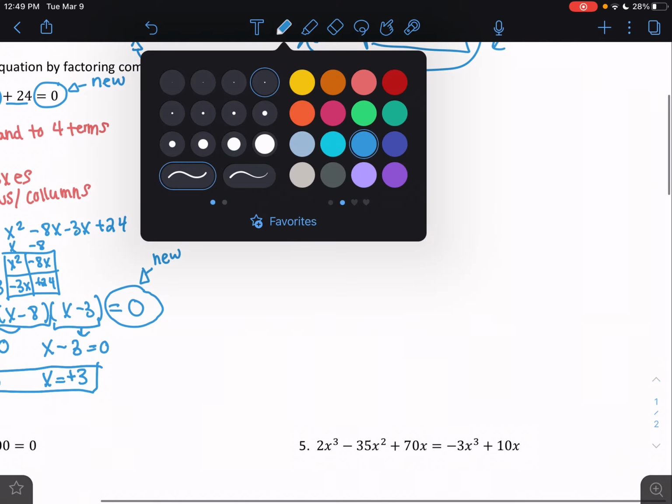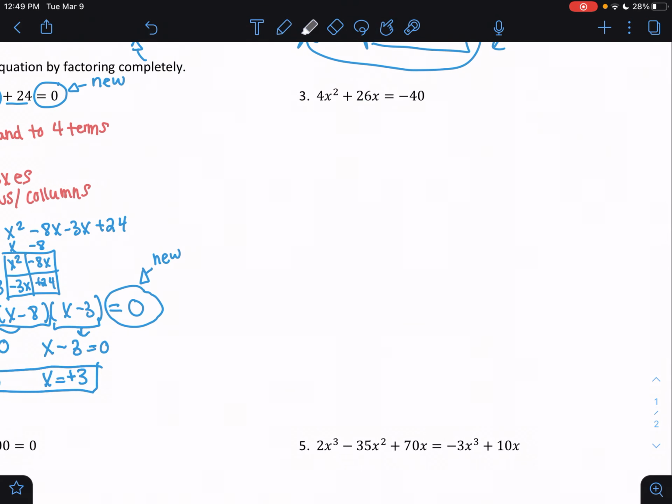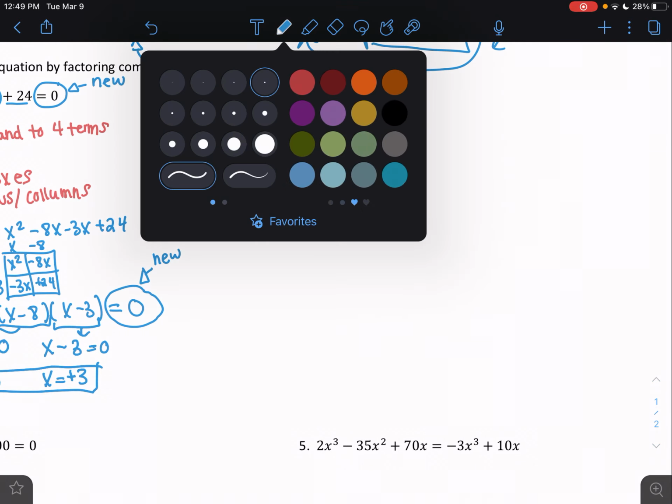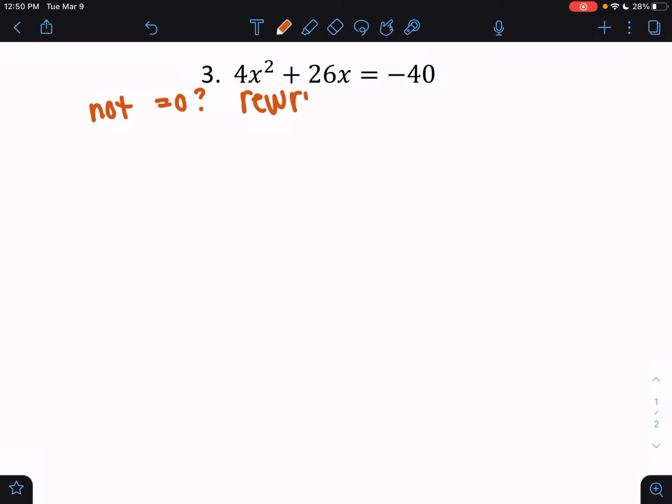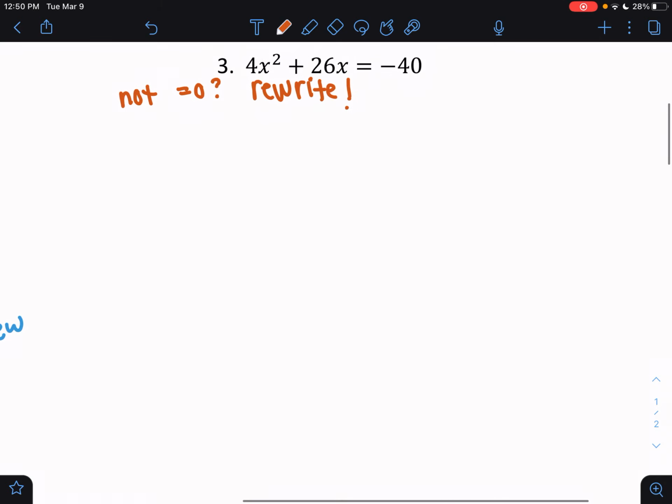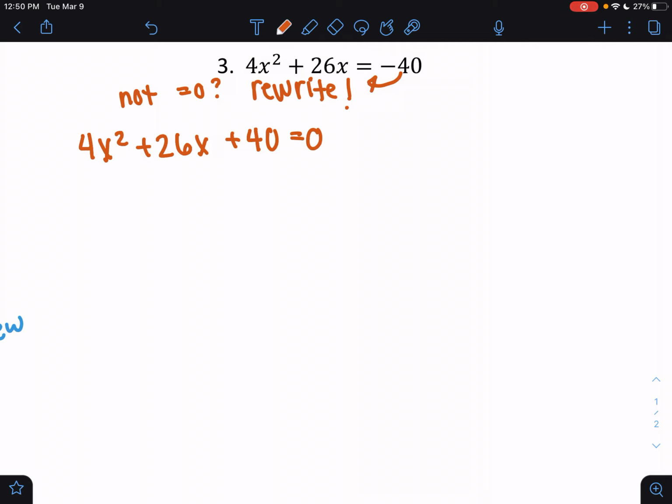Okay, let's look at number 3. What you're going to notice about this problem is that it's not set equal to 0. If it's not equal to 0, rewrite it so it is set equal to 0. So we would have 4x squared plus 26x plus 40 equals 0, because we just moved that over.